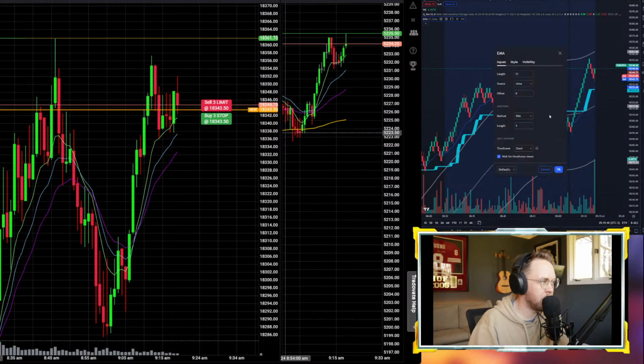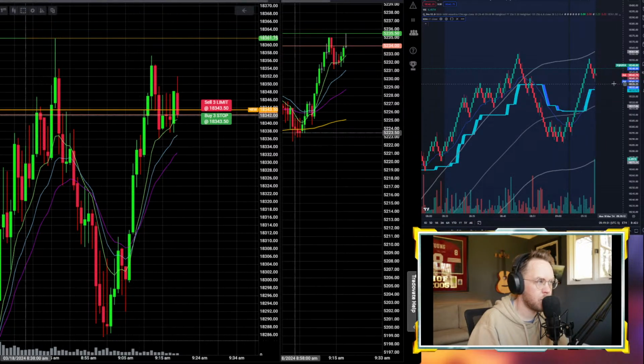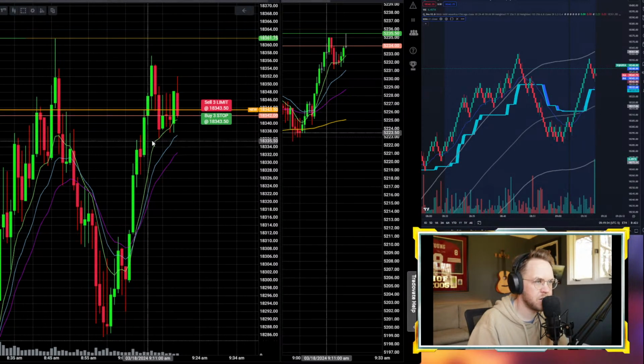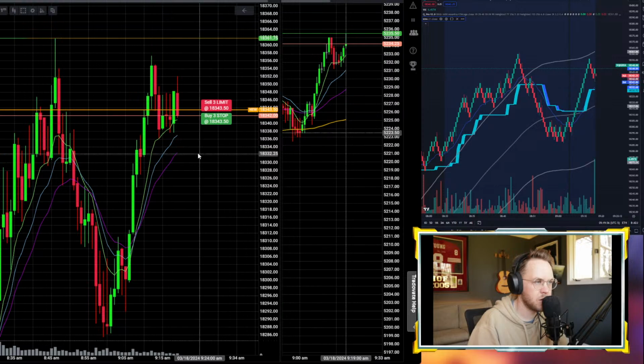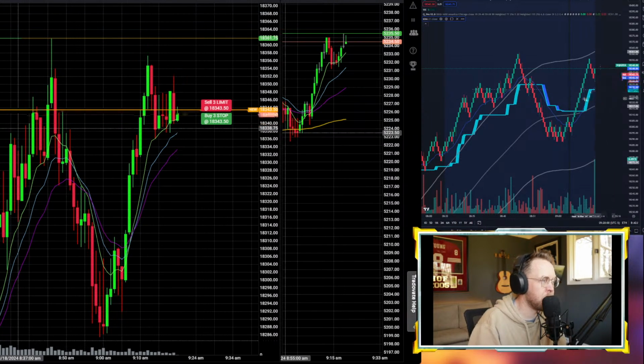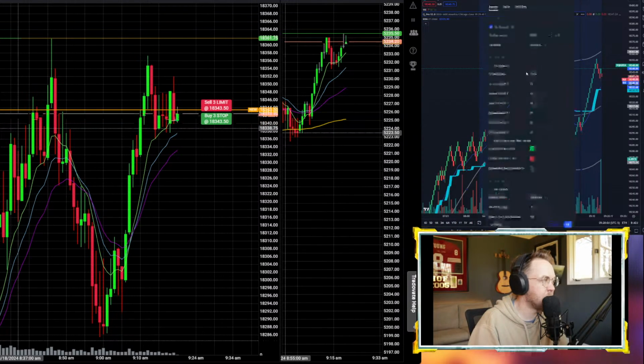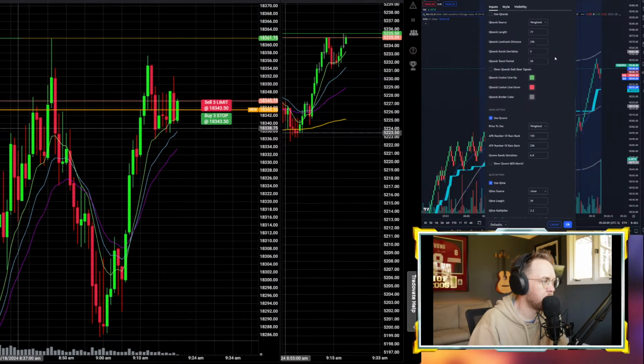We have our EMA here, which is the 21 EMA, right here. So we have the 21 EMA up here, and then we have these bands. Let me pull up the Q bands right here.